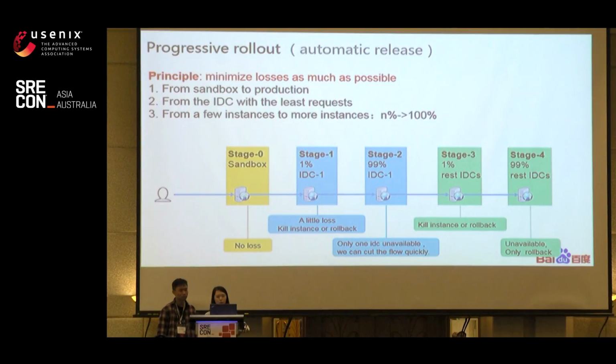Even if there is something wrong with this IDC, we can cut its flow to the other IDCs quickly. Third, we go from a few instances to more instances, at stage 1 to stage 2, or stage 3 to stage 4. Usually, we first deploy 1% of one IDC, and then deploy 99%.